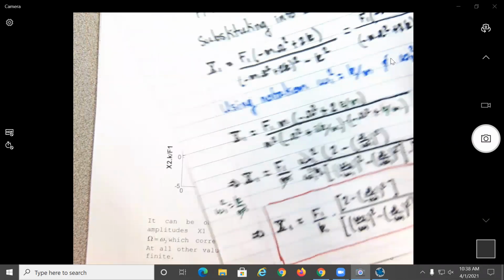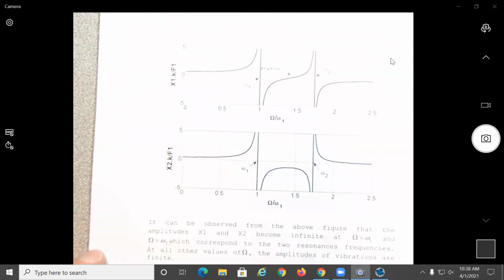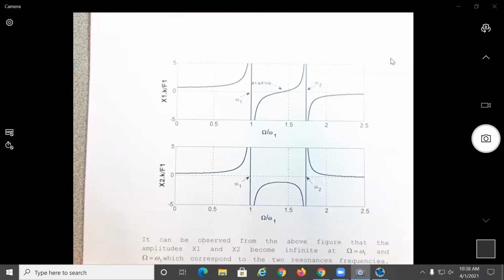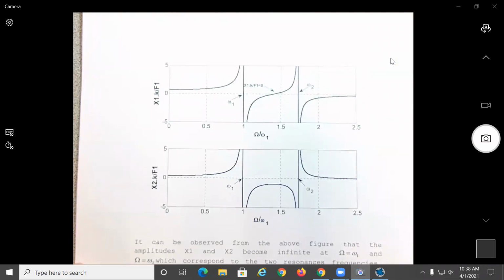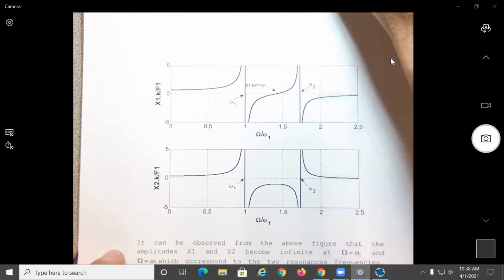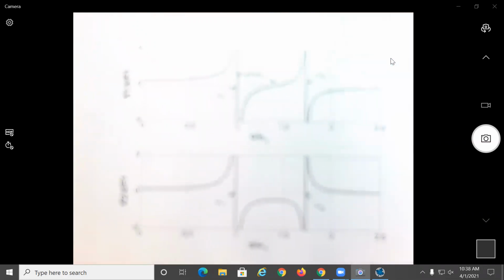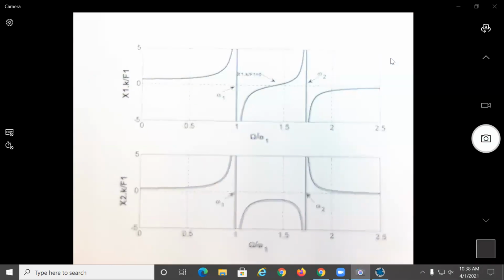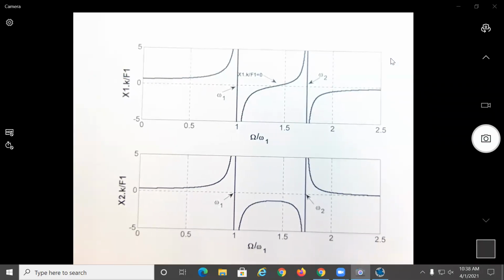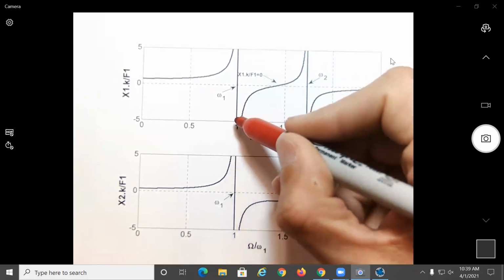Okay, so over here, I'll see if I can zoom in a bit more. Again, this is the important part, to understand what's happening here physically. So I put it here on this figure, but what's happening here? This is the first resonance frequency, no?